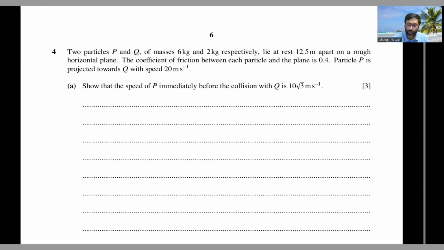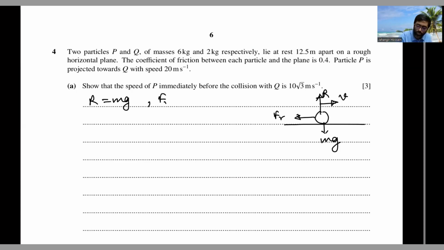meters per second. Now, to find the speed just before the collision, you need to find the deceleration first. And how much is the rate of deceleration? To find it, as it moves forward, there will be friction acting on it, and friction is equal to mu R. R is the normal reaction, so R equals mg, and friction equals mu R, that is 0.4 mg.